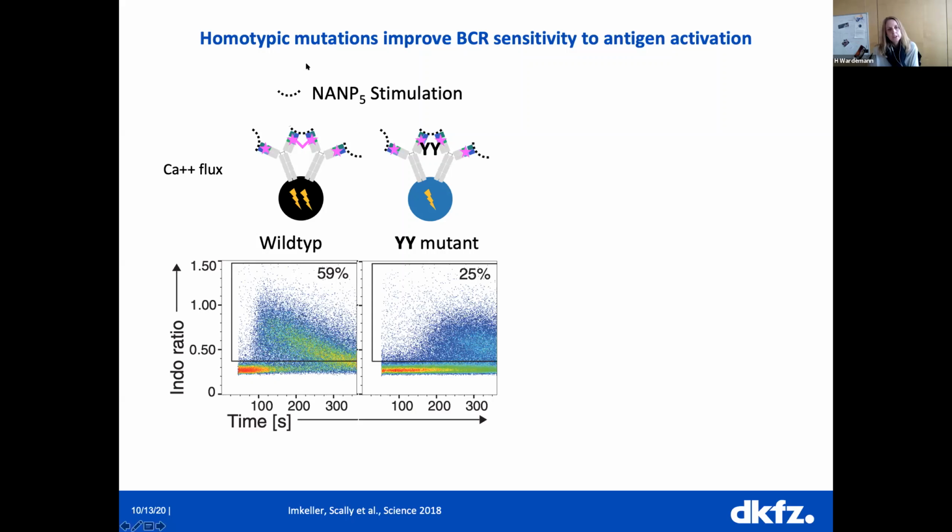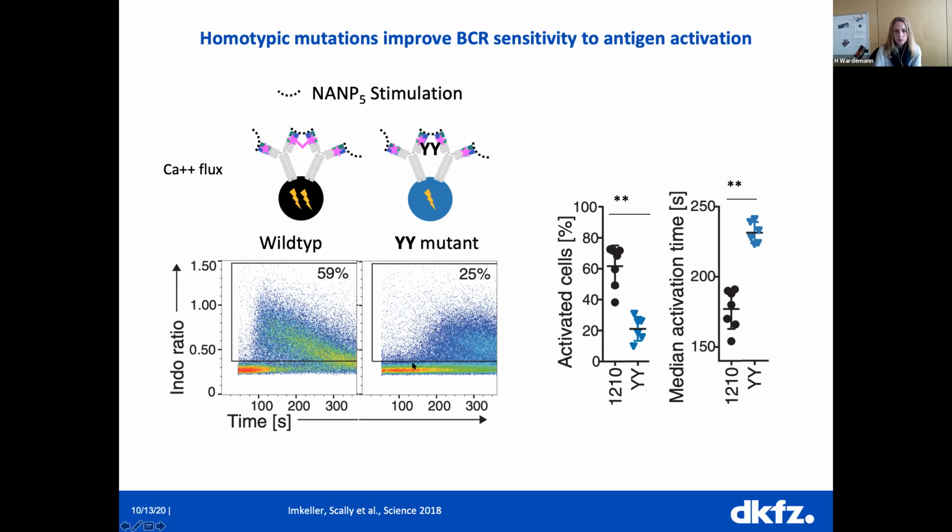And then she stimulated the cells with this NANP5 peptide and measured calcium flux. And as you see here, this is the flux in the wild type cell line. It's much stronger and faster than for cells that expressed this YY mutant, where it was significantly impaired.